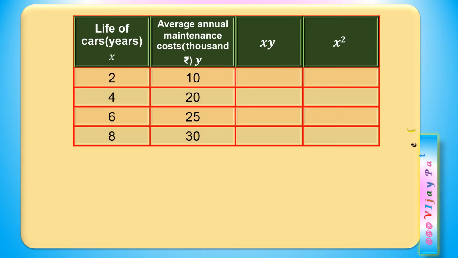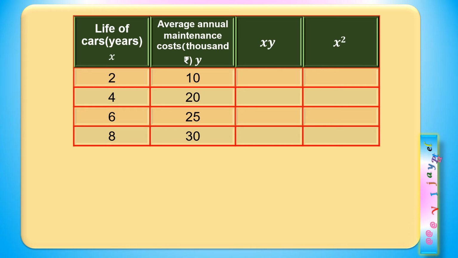To find the values of constants b and a by using this table, here life of cars in years is denoted by variable x, average annual maintenance cost in 1000 rupees is denoted by variable y. The sum and calculation are very easy.